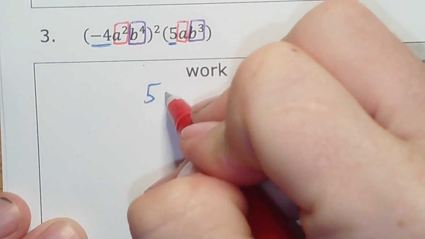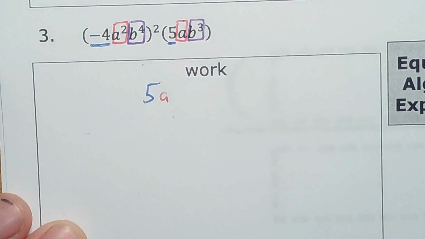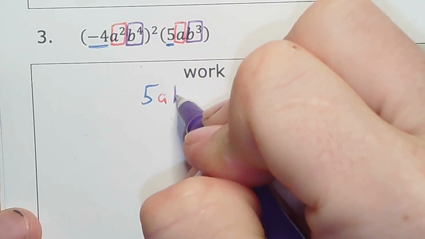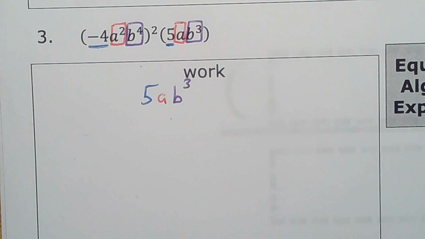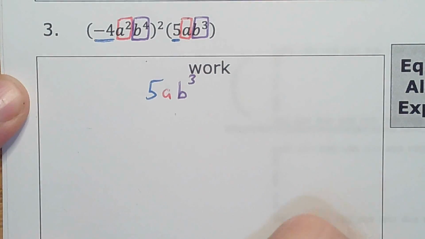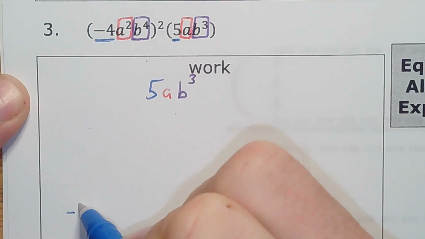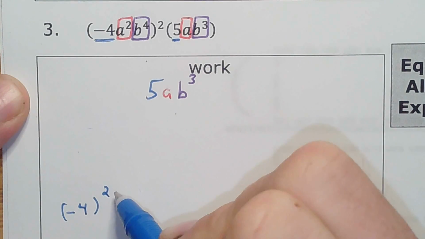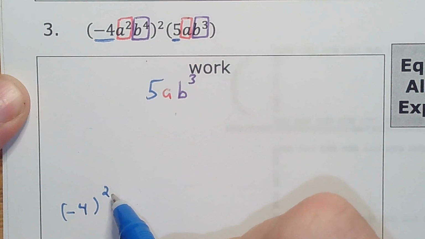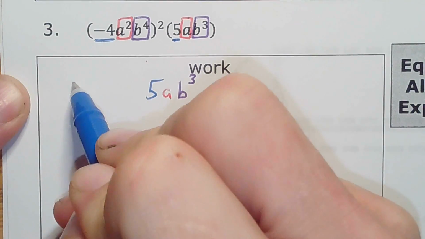A is to the first, and then b to the third. Now I'm going to do the math of this one and clear the parentheses. Negative 4 is the same thing as writing negative 4 squared, right? So negative 4 squared is 16.